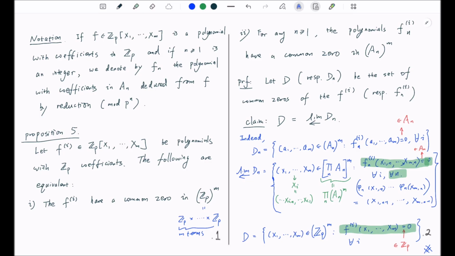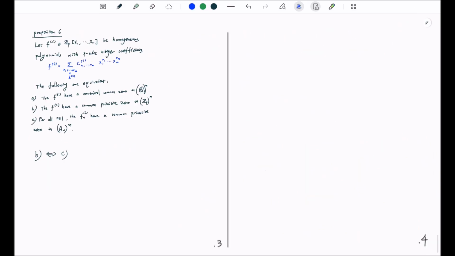In proposition 5, we have shown that f^i's have a common zero in Z_p^m is the same as their reductions to A_n's having a common zero. So it suffices to show that being primitive here is the same as being primitive here. So this equivalence follows from proposition 5, and this is on page 13 of Sayre's book.